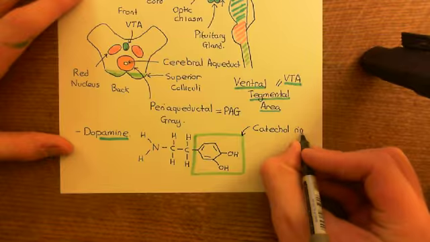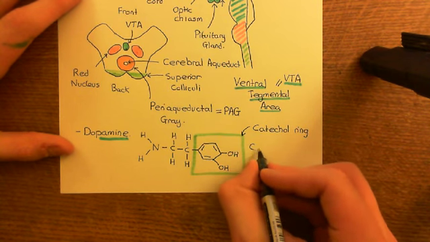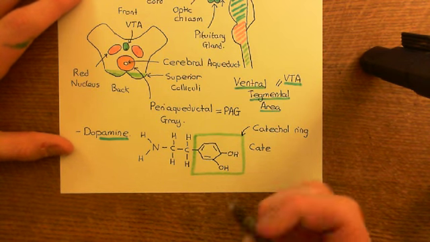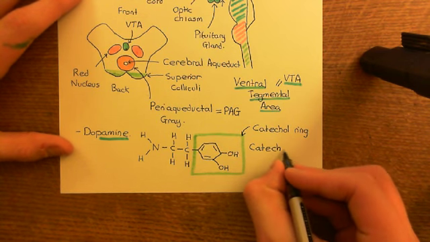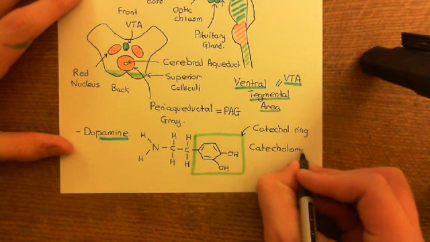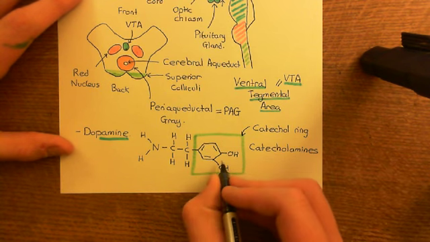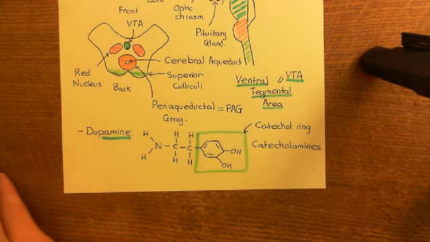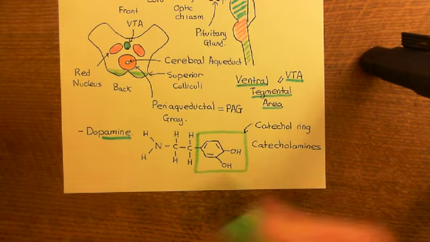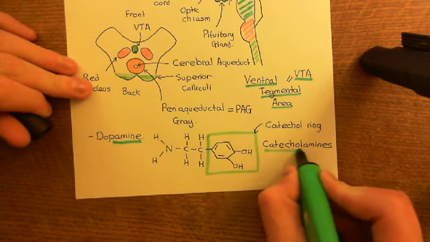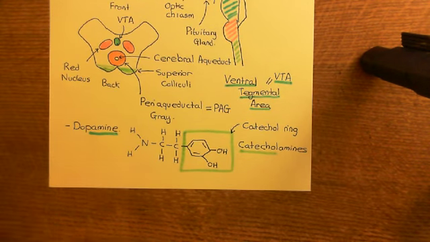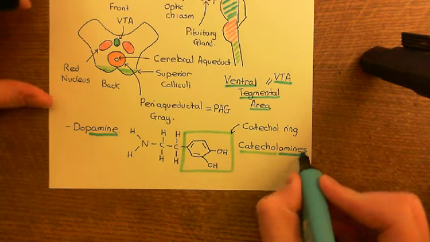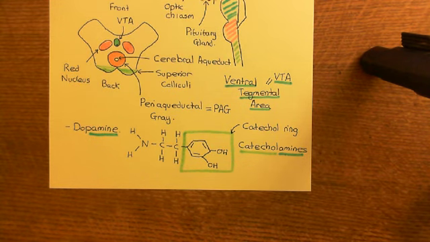It is for this reason that dopamine, along with many other neurotransmitters such as adrenaline and noradrenaline, are collectively known as the catecholamines, because all of them have a catechol ring within them, along with an amine group. So dopamine, you would describe as a catecholamine. The catechol refers to the catechol group, and the amine refers to the amine group. So that's the structure of dopamine.